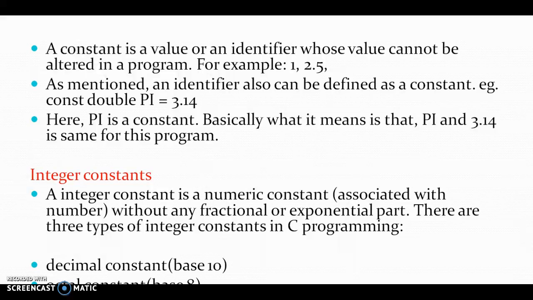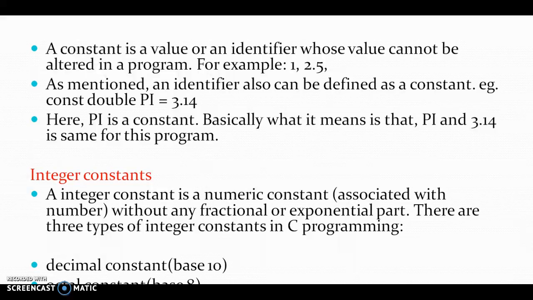Example: const double pi = 3.14, which means we are assigning the pi value 3.14, which is a constant. Whenever you use the pi variable in the program, the value will be 3.14. You cannot change or manipulate the value of pi in the entire program. Here, pi is a constant. Basically, pi and 3.14 are the same in the program.